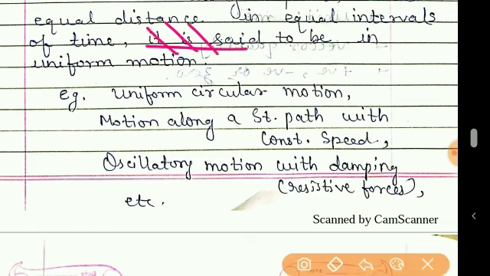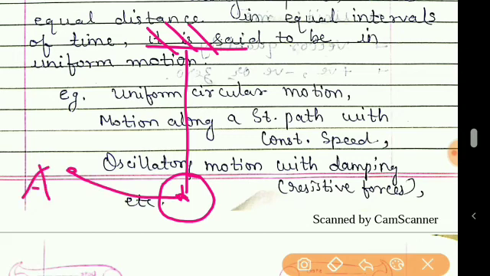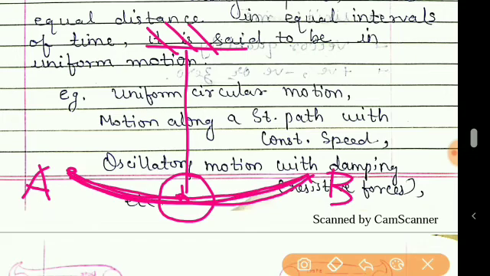Suppose we take the example of a simple pendulum, and it is displaced to point A and then released. So what will happen? It will move to the next point B and it will come again to A. So when it moves to B and once again comes to A, we can say that it has completed one oscillation.